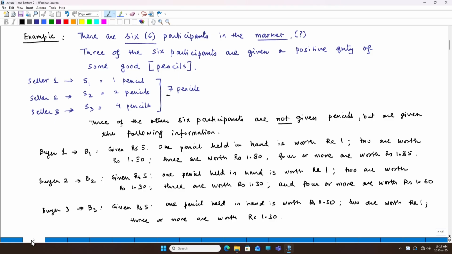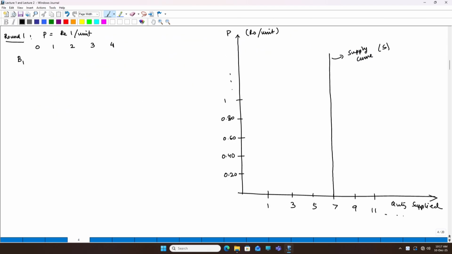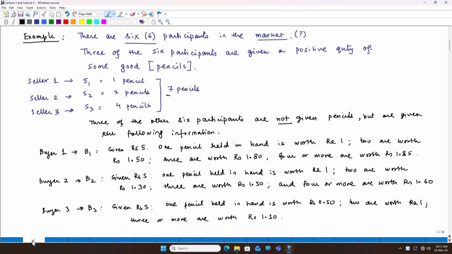So, that says that if I am buyer 1, to buy 1 unit, I will have to pay rupee 1. Why will I have to pay rupee 1? Because that is the price. It is worth 1 rupee to me. So, the question is, do I want to pay 1 rupee to get something which is worth 1 rupee to me? Once more, the price at which buyer 1 will get the pencil is 1 rupee.